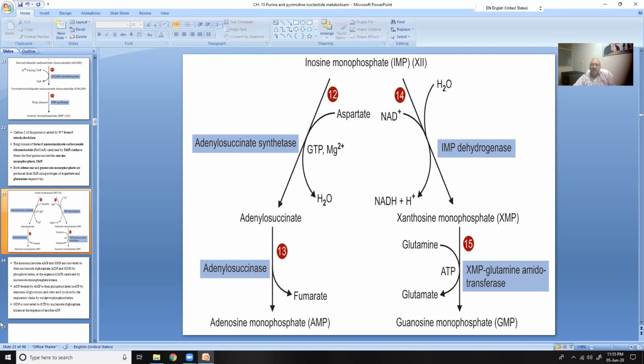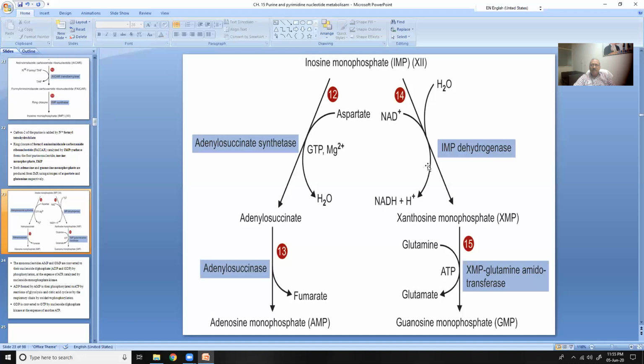This inosine monophosphate is giving us adenosine monophosphate and guanosine monophosphate, right? By these two reactions, 12 and 13, adenylosuccinate synthase, first it is changing to adenylosuccinate by the addition of aspartate.